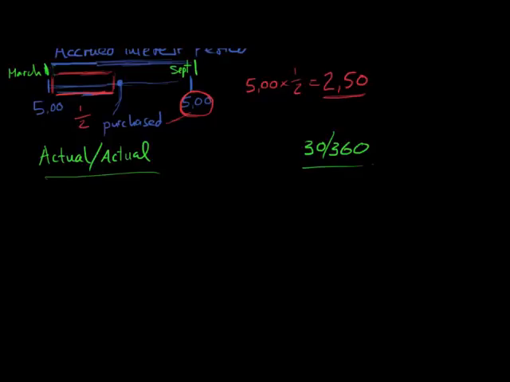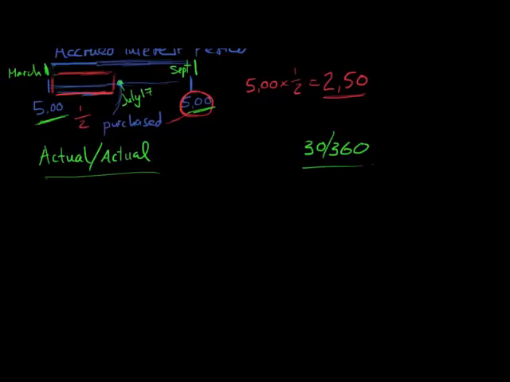So these are the dates of the coupons, and the total annual payment then is $10 in this example, with two semi-annual $5 payments.